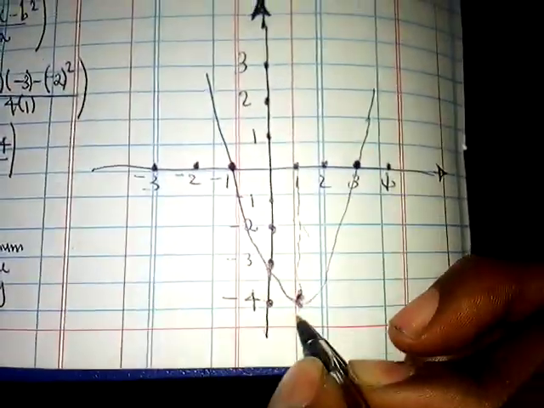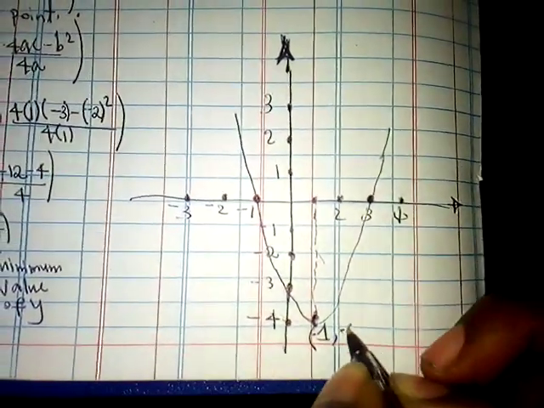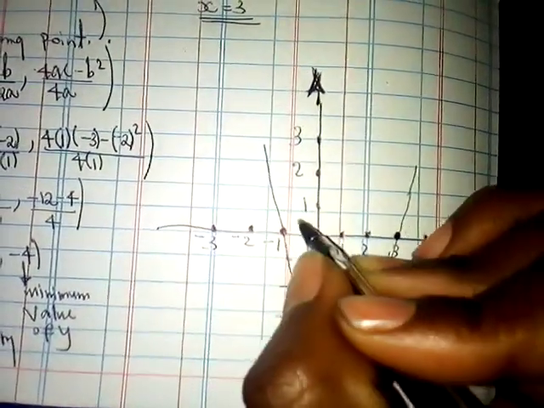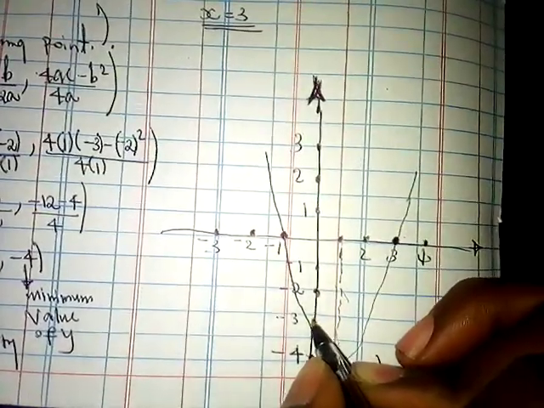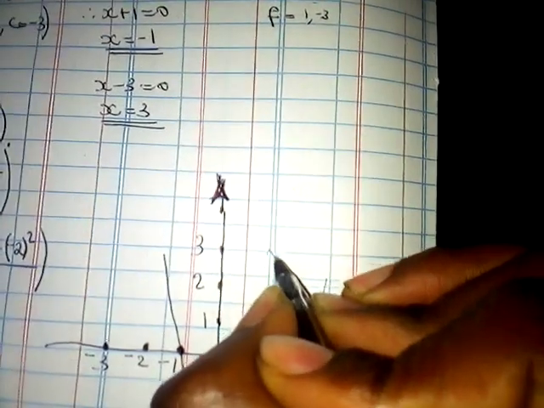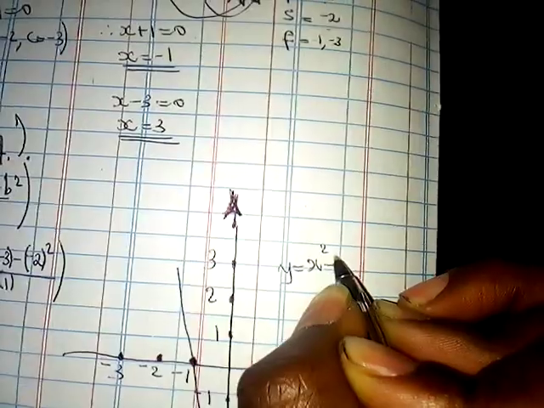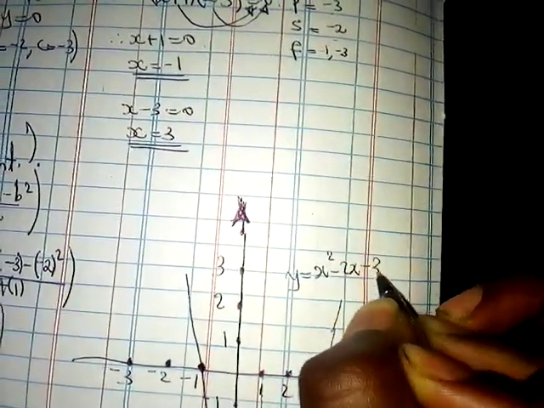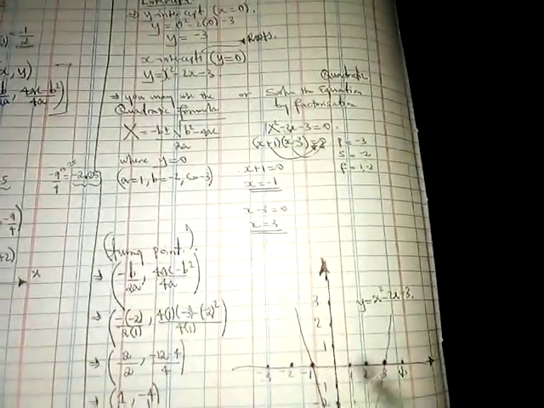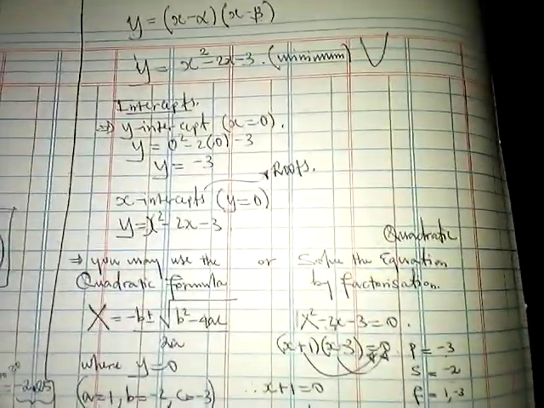You have shown them your turning point, which is +1, comma -4, the 3, the -1, your y-intercept, -3, and most importantly, like I'd guided you, always label. So this is y is equal to x squared minus 2x minus 3. And that's it. Once you do that, then you have already sketched your quadratic equation in that form. So I hope this helps.